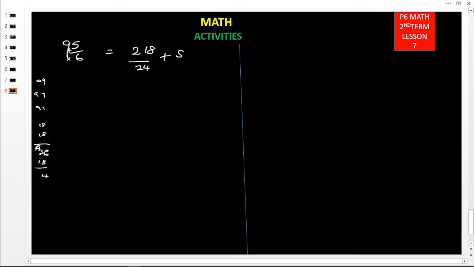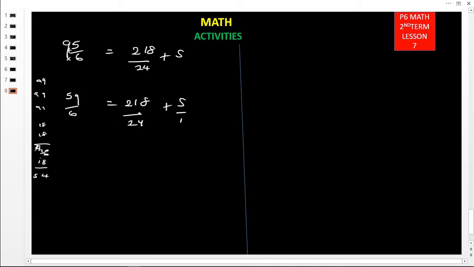No, wait, this is 36, 37, 38, 39, 48, 60, yes, so you get a 54. Then this is 59 out of 6, is giving us 218 out of 24, then plus side out of 1.